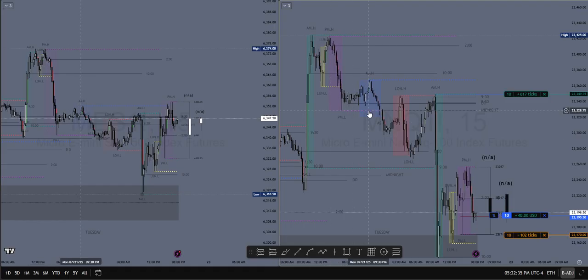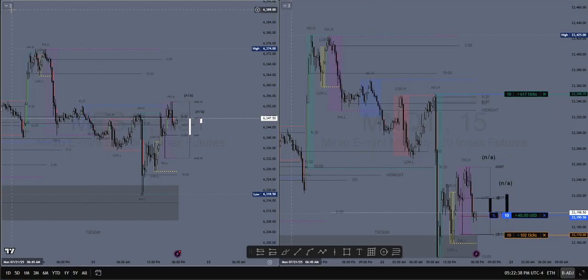For those of you that, I mean, it's not really hard to understand what kill zones are. A kill zone is a specific time in which a specific market opens. We have the Asia market that opens at 8 p.m. It's usually 6 p.m. when the market opens.